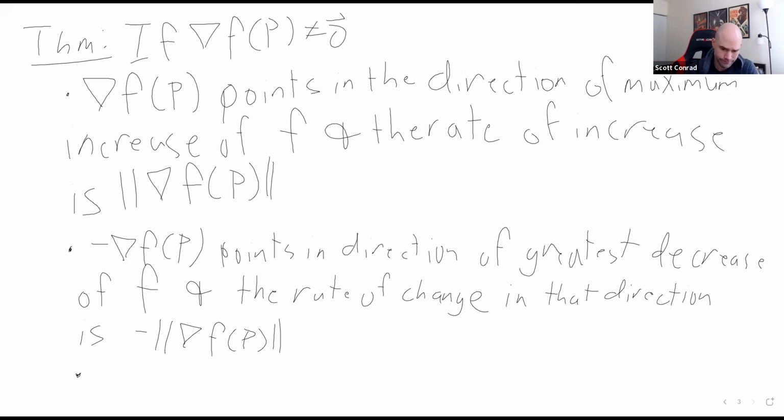So number 3, the third thing, which was not immediately obvious from what we said, but it's a fact.